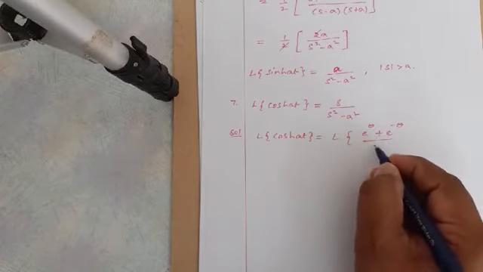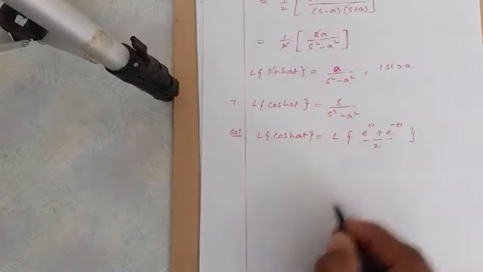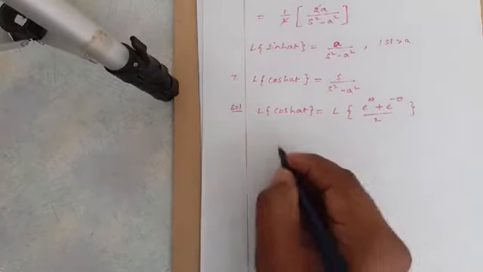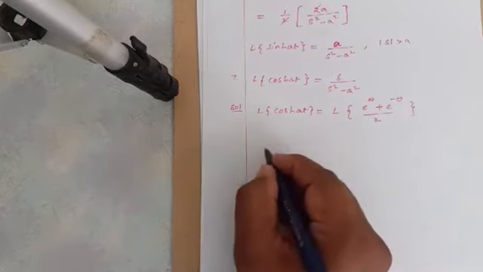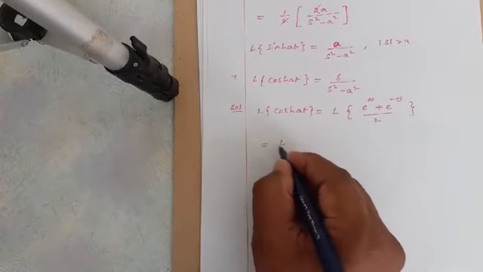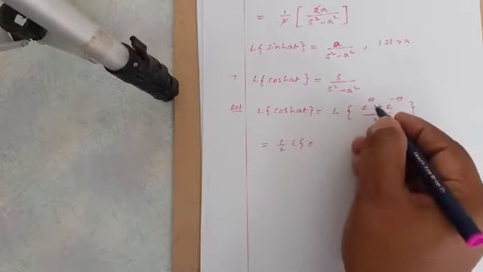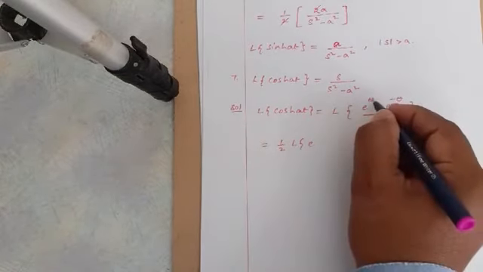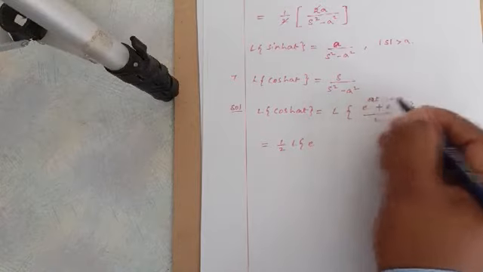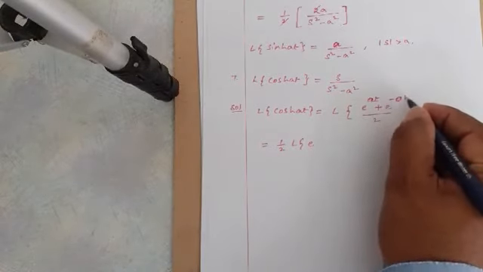So after this, now let us separate this by taking constant outside. So this is equal to 1 upon 2 Laplace of e power, so here in the place of theta we have at, so we write at, so here this is minus at.